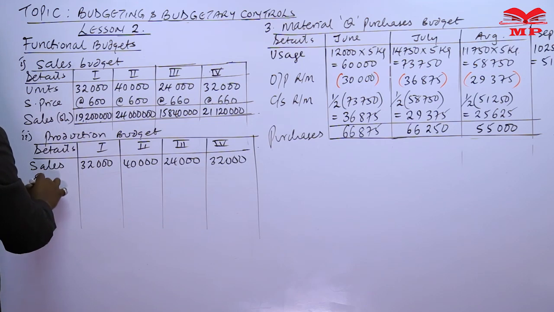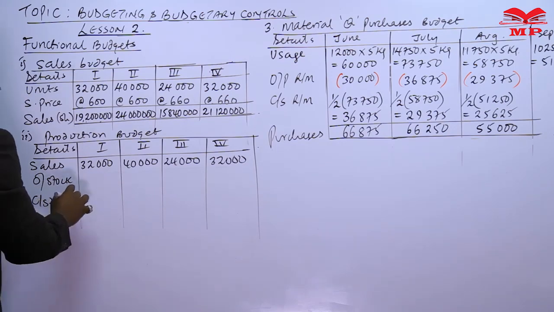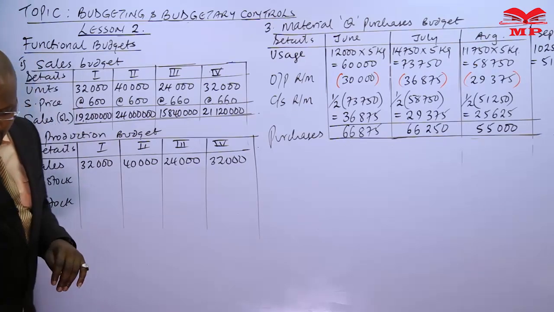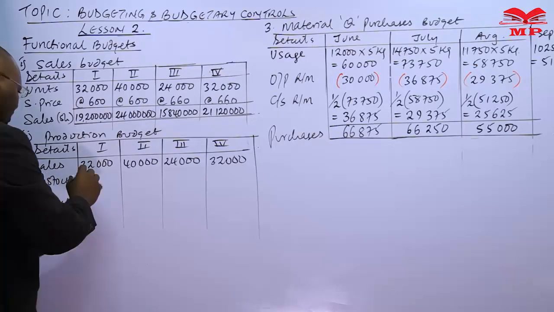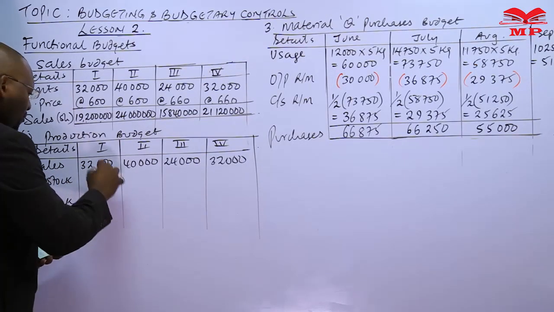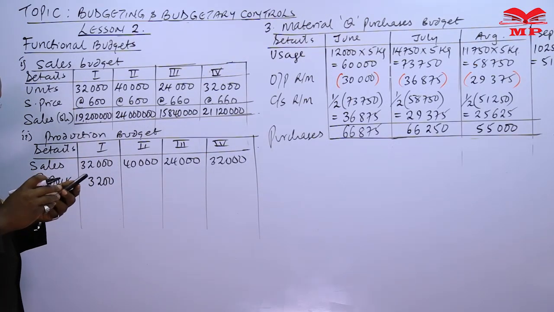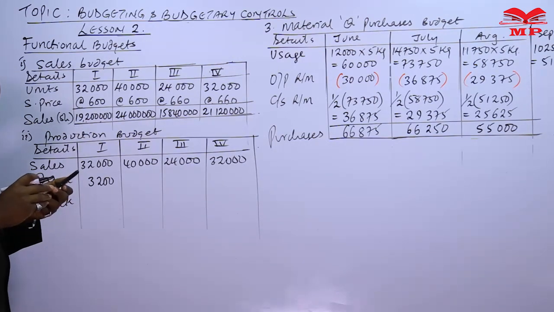Then we have the opening stock, and we have the closing stock, which you have been told in the information number 3. The opening stock are expected to be as follows. So finished goods is at 200. This is the opening stock. That's 200 opening stock for the first quarter, of course.